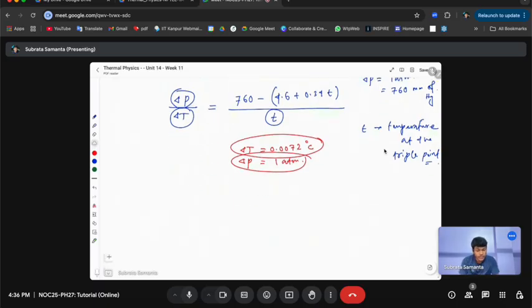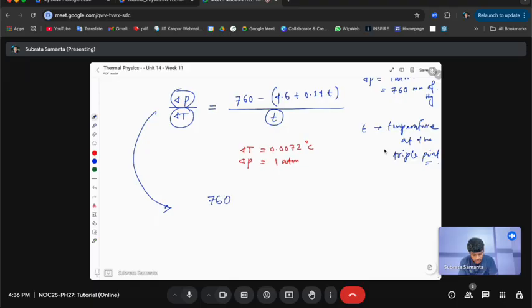So delta T is 0.072 and delta P is 1 atm. If we plug this into these equations, 1 atm means 760 millimeter of Hg.